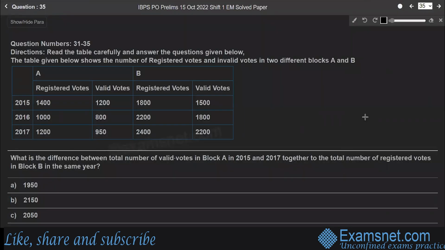Question 35. What is the difference between the total number of valid votes in block A in 2015 and 17 together and the total number of registered votes in block B in the same year?